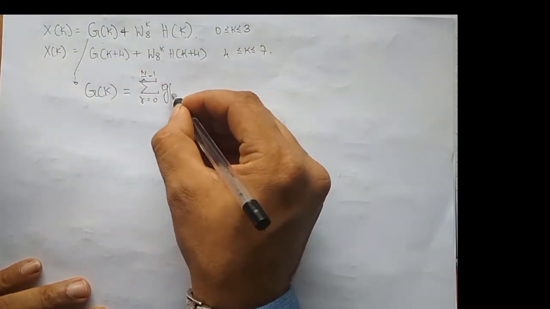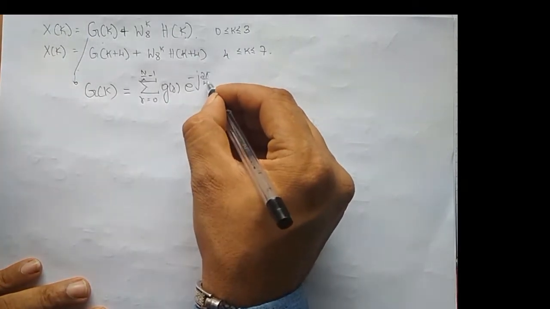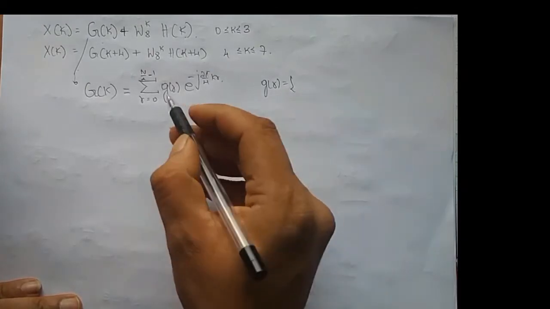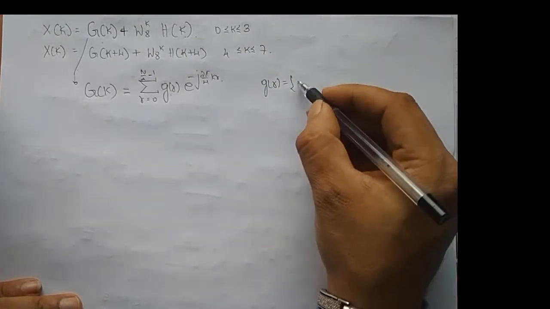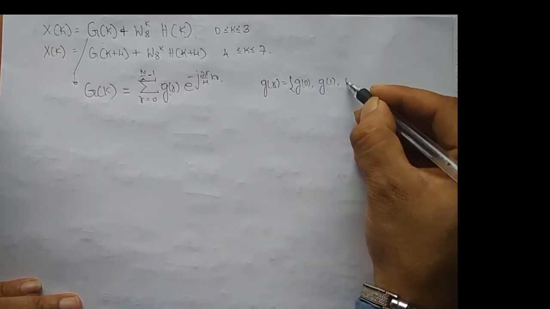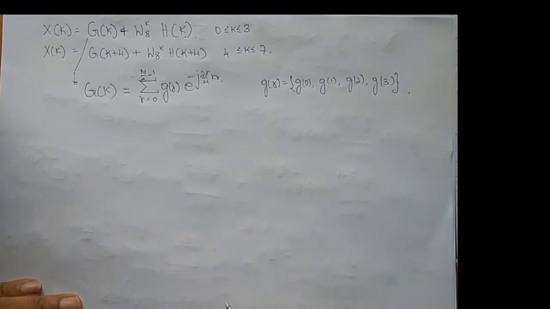So g of r into e power minus j 2 pi by 4 into k into r. So what is g of r? g of r is a 4-point time domain sequence whose samples are g of 0, g of 1, g of 2, g of 3. Right? Okay.